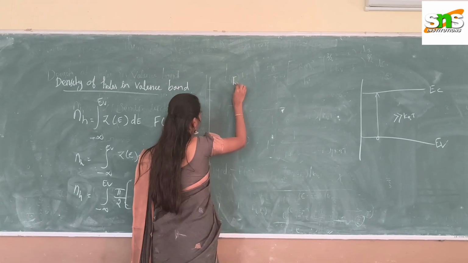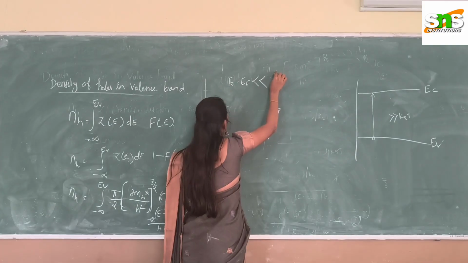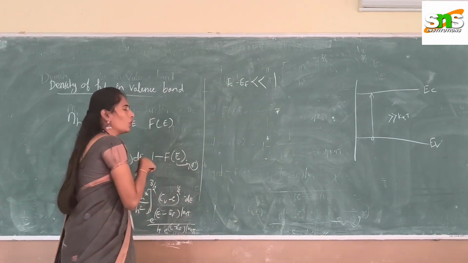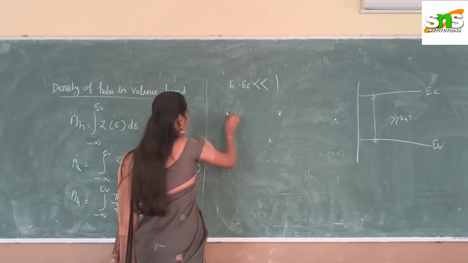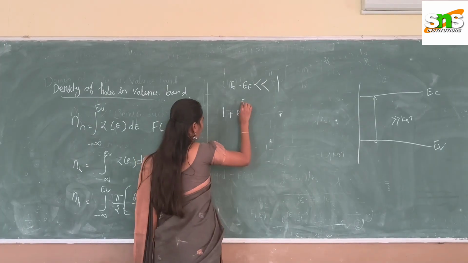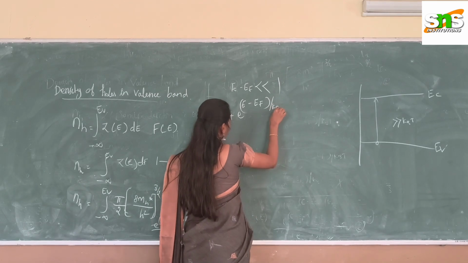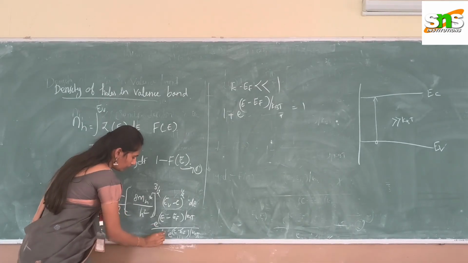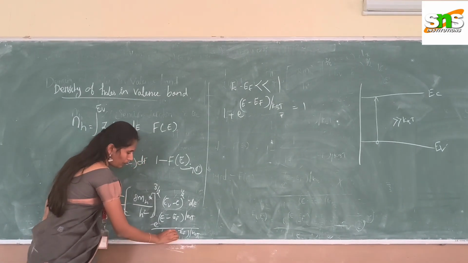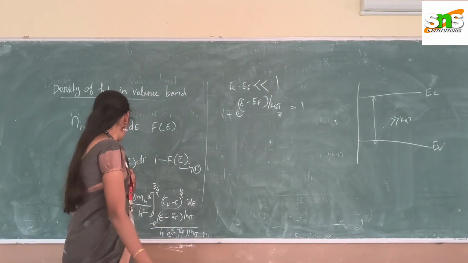So E minus E_F is the minimum energy required for calculating holes in the valence band. So E minus E_F is less than or equal to 1, so 1 plus e^((E minus E_F)/kT): the value is substituted by 1. So we will get the answer.